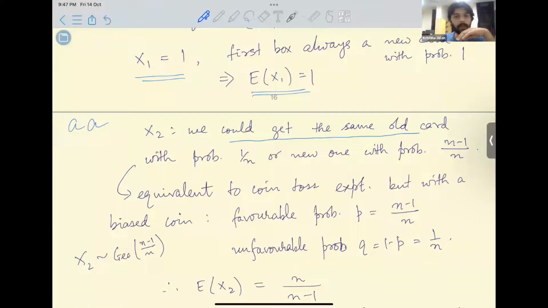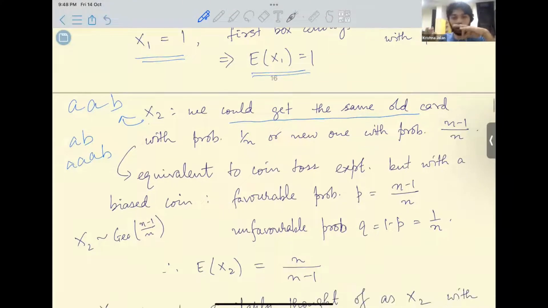Again, I got A. But on the third box, I got a card B. Okay. So this is an example of what X_2 can have. One possible outcome. Or I could have obtained just AB. Then also I'm done. Or AAB. These are some examples that X_2 can take, where A and B are denoting cards.